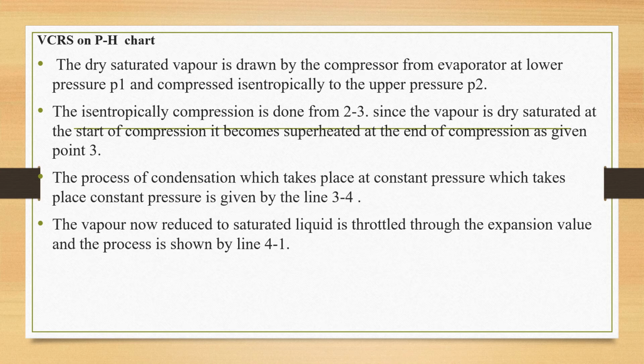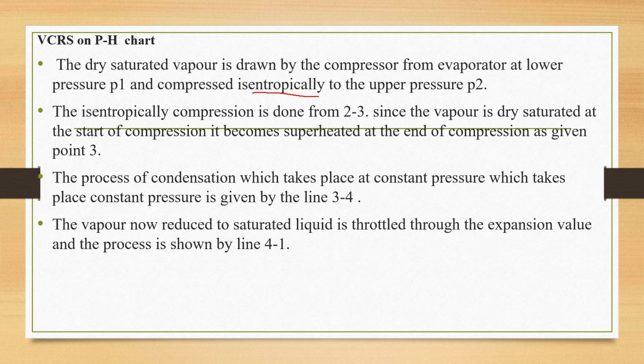VCRS on the P-h chart. The dry saturated vapor is drawn by the compressor from the evaporator at lower pressure P1 and compressed isentropically to the upper pressure. The isentropic compression is drawn from 2 to 3.